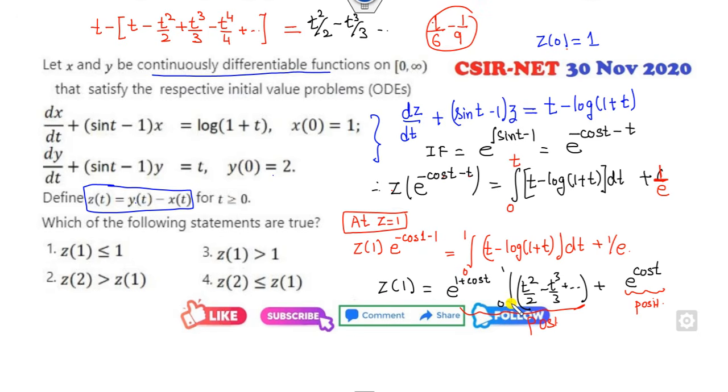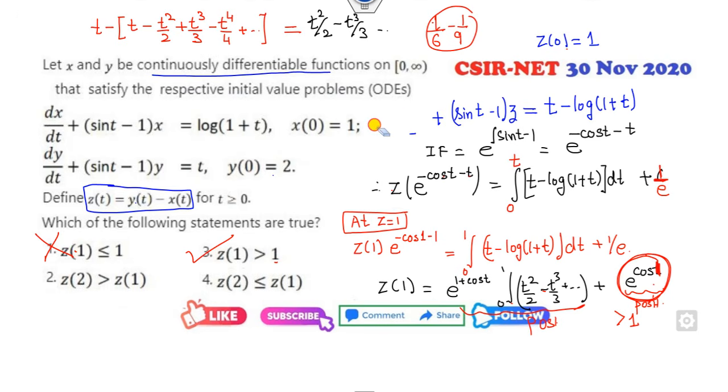So this is positive, and t is 1. So cos of 1, e raised to the power something is always greater than 1. This number is greater than 1, since 1 plus a positive number is greater than 1. Fine. So the first option is cancelled out.